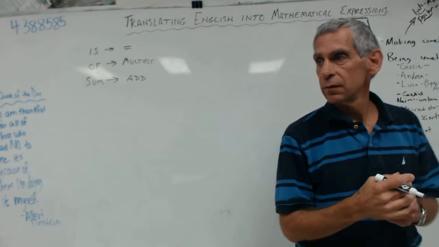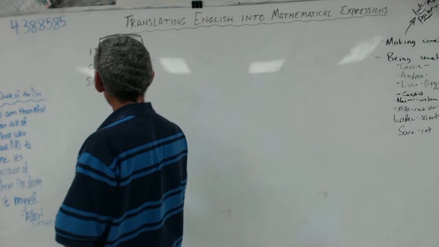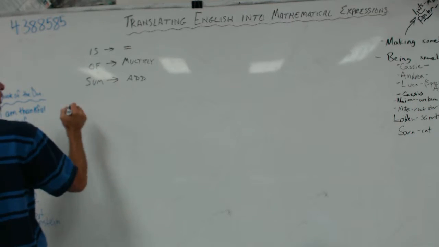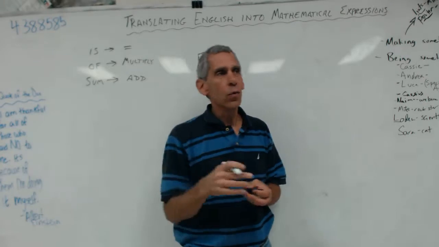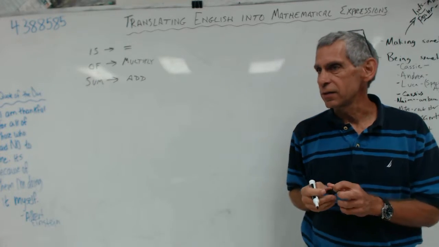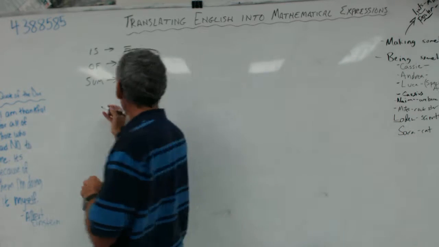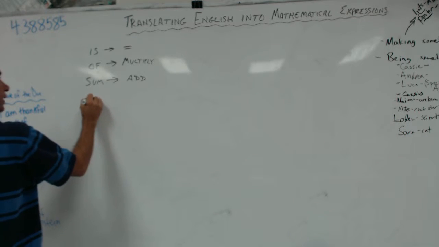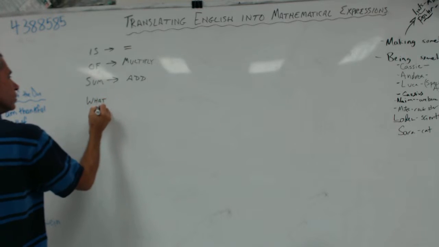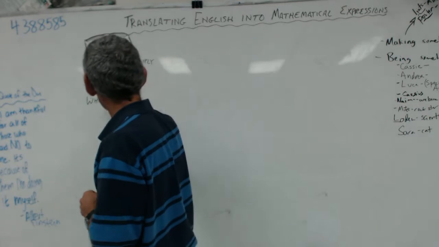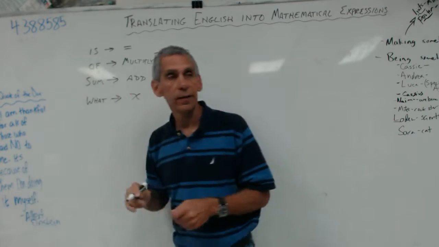Zane. What is X? Okay, what? Well, what just tells you that there's going to be a question, right? Which means you're right. I like that actually. So what, like it says, what is? That would be X. Yeah, that's good. I haven't really thought of that. X equals.